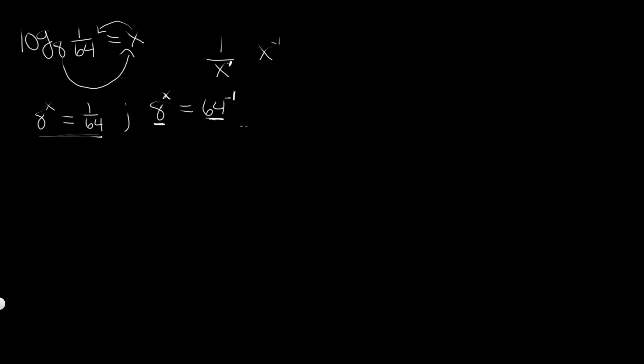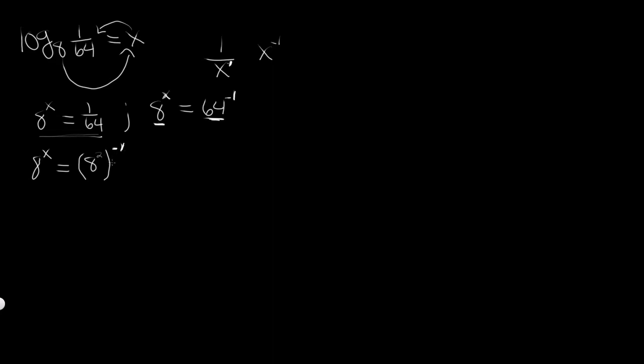So we can rewrite this as 8 to the x power is equal to 8 squared, but we can't forget the -1 here. So all we did is we rewrote 64 as 8 squared, and we kept the -1. So now we need to simplify this a little bit.